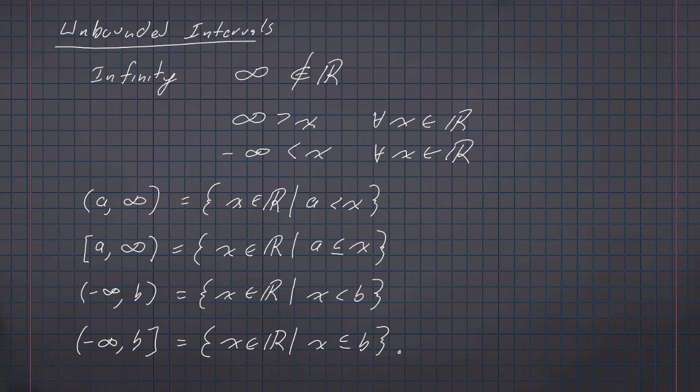So these intervals are called unbounded because they only have limitations on one side.